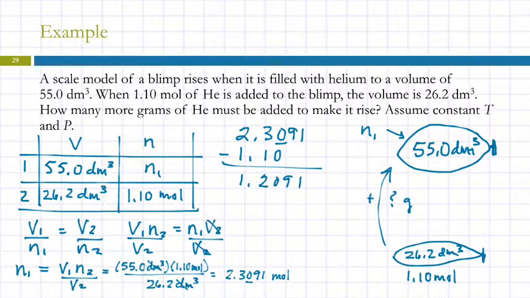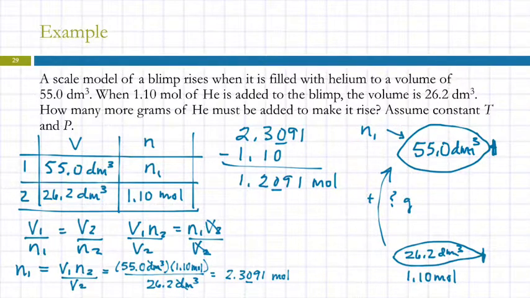Do it on your calculator. I stacked it up like that so we can really see what the sig figs are doing, because I don't want to round yet, because we're not really done. So we need to add 1.2091 moles of helium, but we want to know the mass of that.